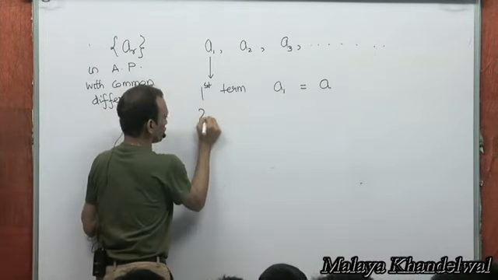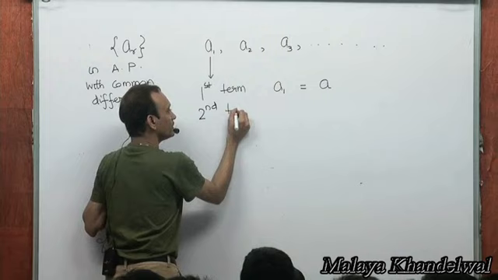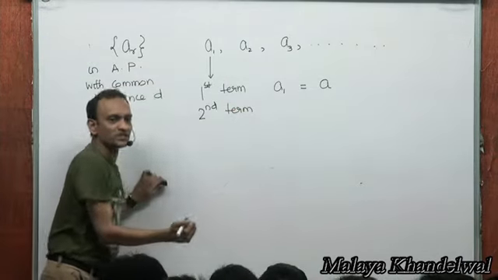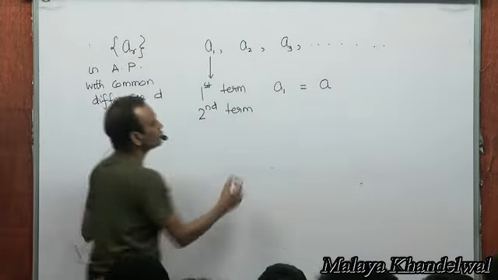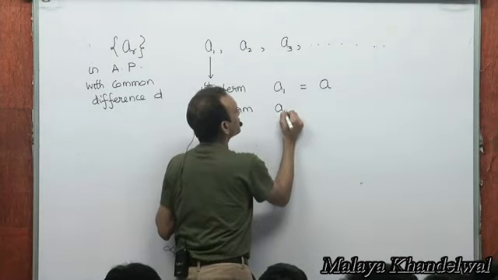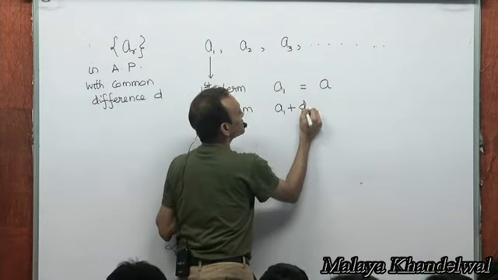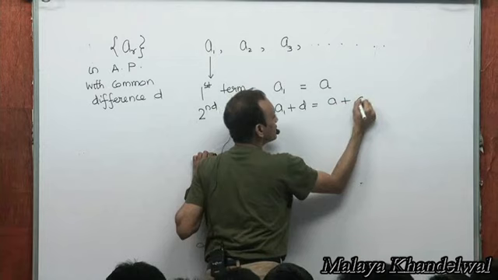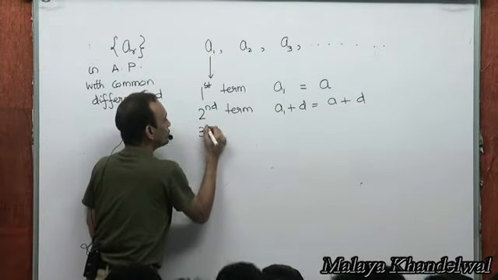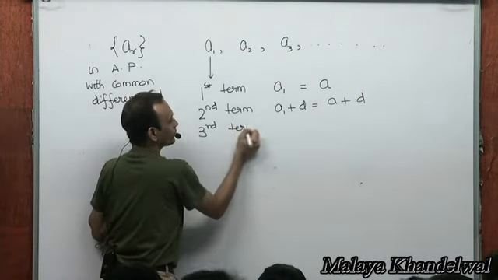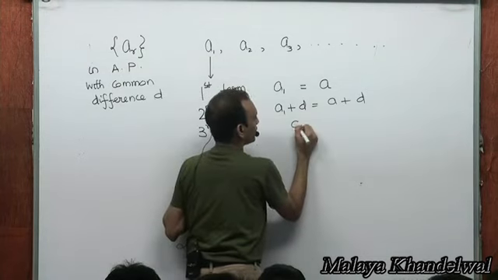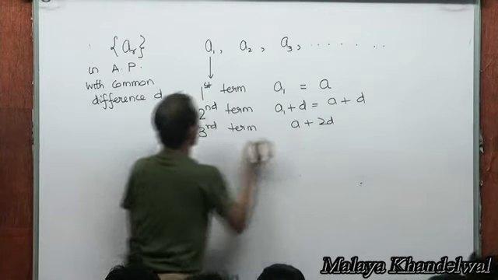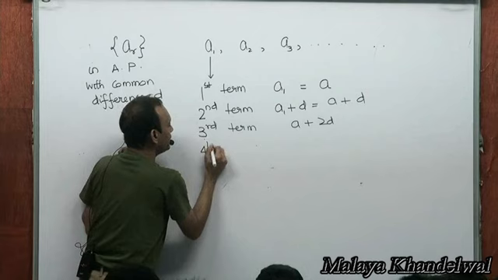Then, what would be the second term? You have to add D to the previous term. So, the second term would be A1 plus D, which is A plus D. The third term would be A plus 2D.